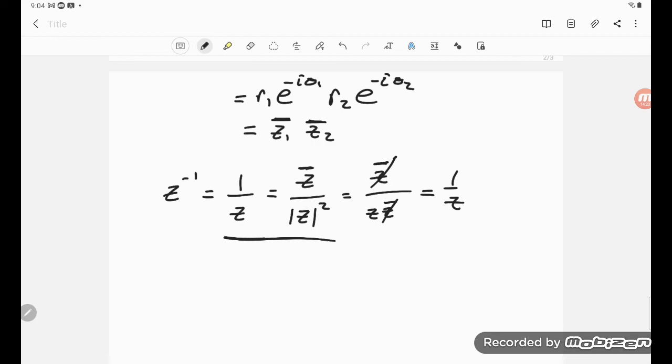So this is not an amazingly deep thing. It's just taking 1 over z and multiplying top and bottom by z bar. Okay, so we'll call that good for this video.